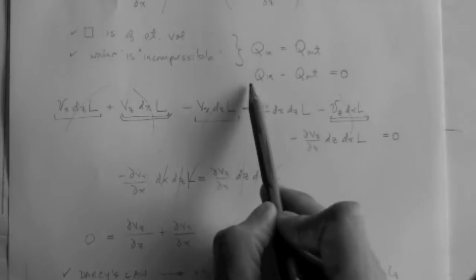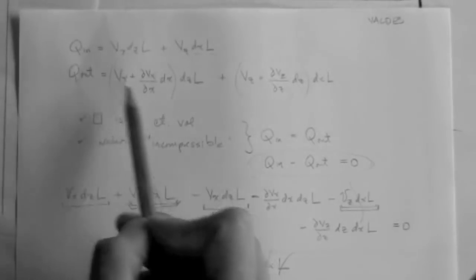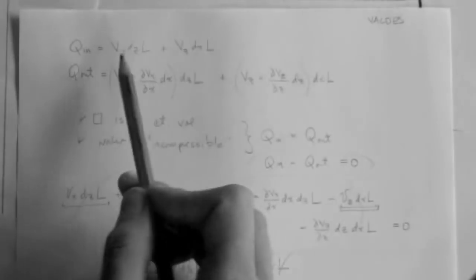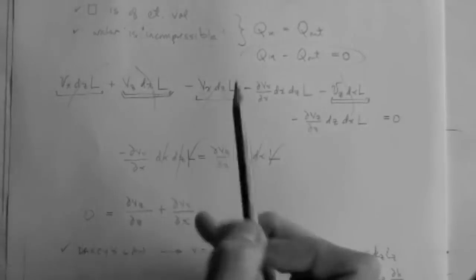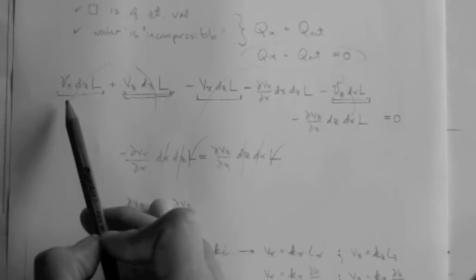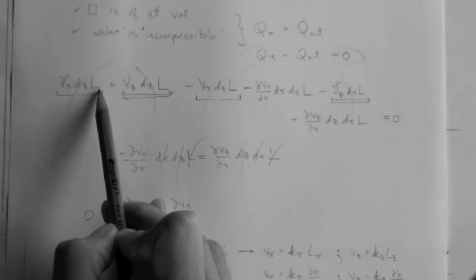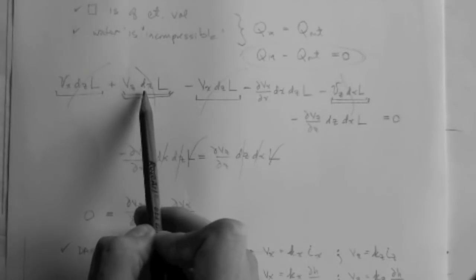So now, we're going to use this equation here. We're going to write this equation out, but with these terms up here. Okay? So let's begin. Vx dzL plus Vz dxL.